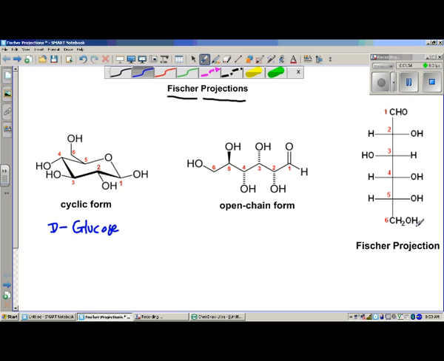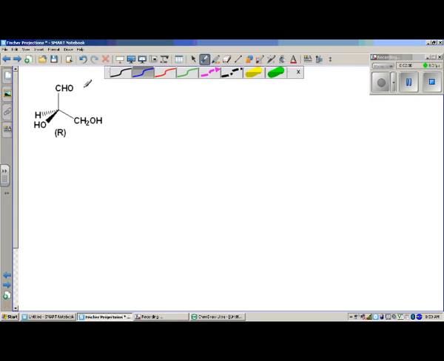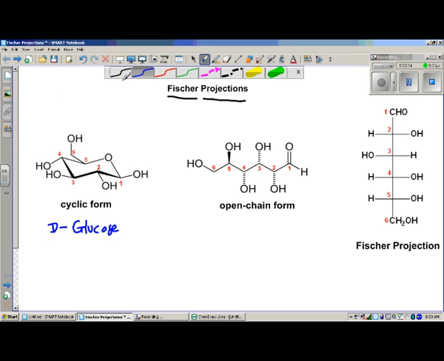So what I'm going to do first off is we're going to take some time and go from a normal representation to a Fischer projection, so you guys can see what it actually means. So we're going to start here, and I'm going to show you how we can take this and convert it into a Fischer projection. Okay, now this is a Fischer projection of a big molecule with 6 carbons.